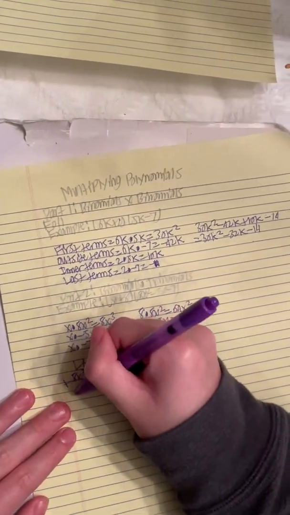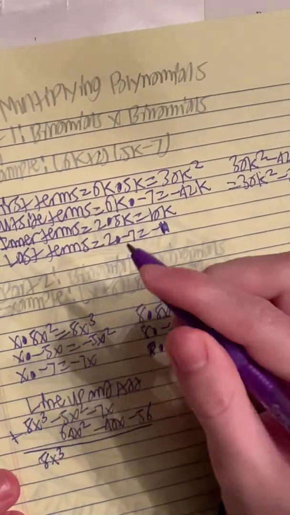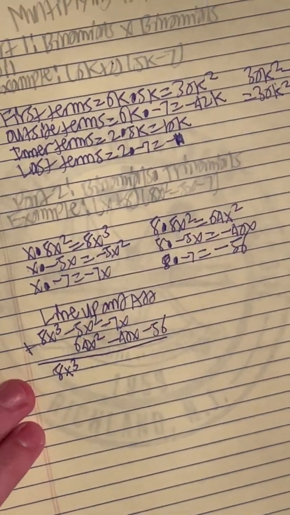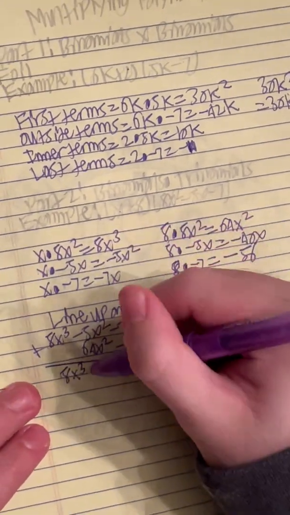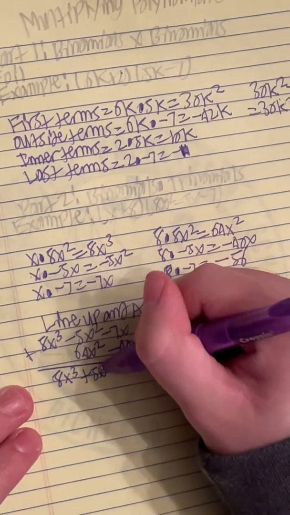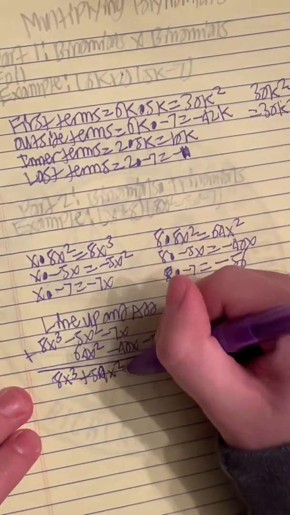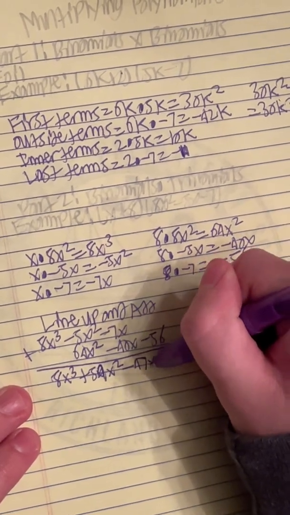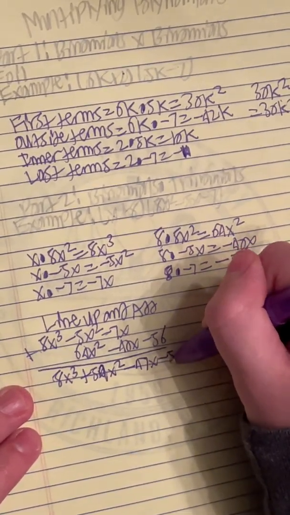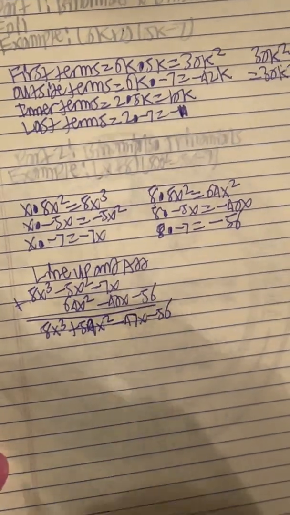Now all I'm going to do is add these. So your final answer will be 8x cubed plus 59x squared minus 47x minus 56. That's how to do binomials times trinomials.